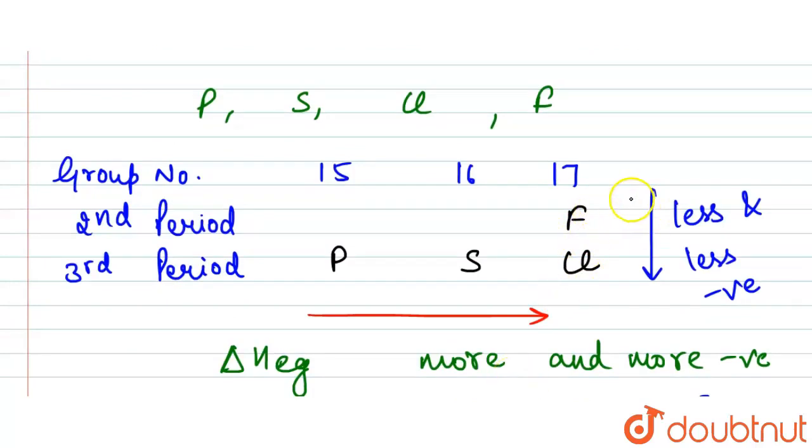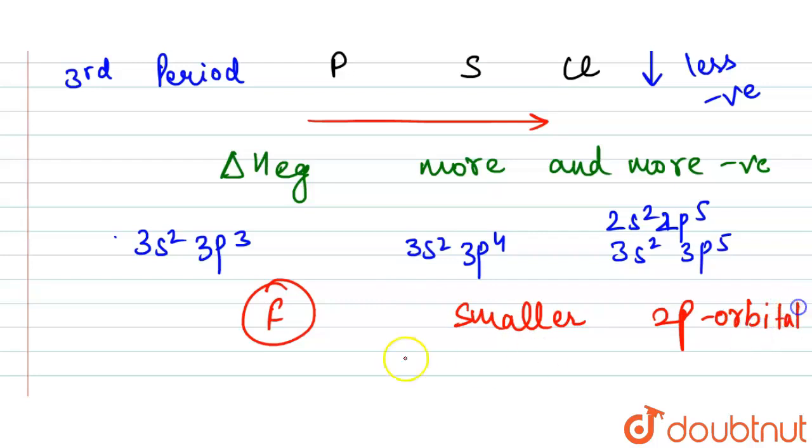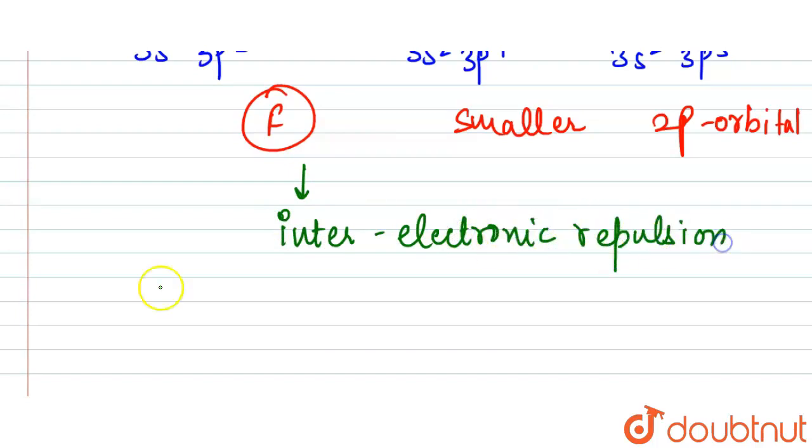We said that as we move from top to bottom, electron gain enthalpy becomes less and less negative, so why is chlorine more negative than fluorine? Fluorine has a smaller 2p orbital, so the addition of an electron to the smaller 2p orbital leads to inter-electronic repulsion.